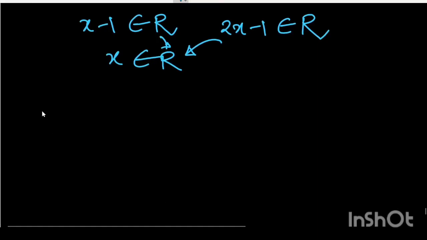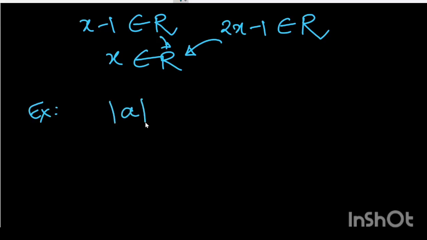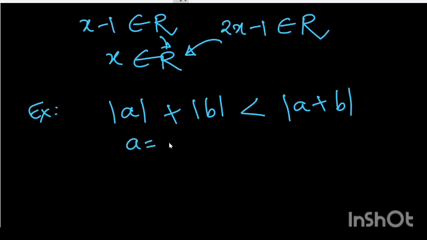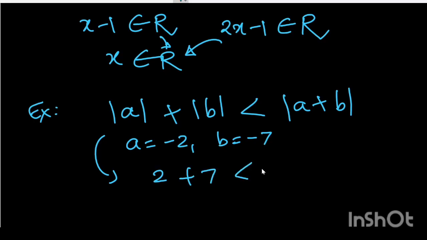Okay, so now suppose I ask you |a| + |b| < |a + b|, are there any values for which this holds? If you take different sign combinations, plus plus, minus plus, plus minus, minus minus and so on, say a is −2 and b is −7, this becomes |−2| which is 2, |−7| which is 7, so 9, and this won't hold.